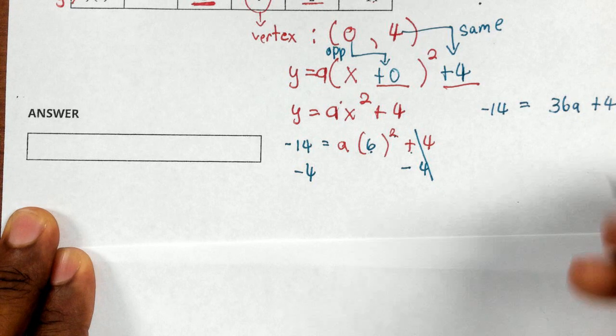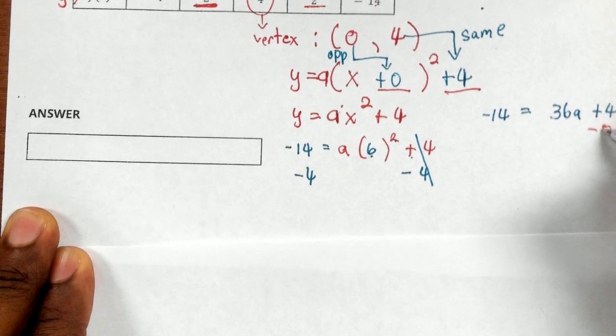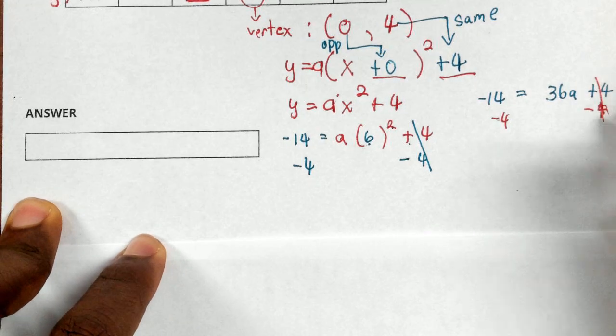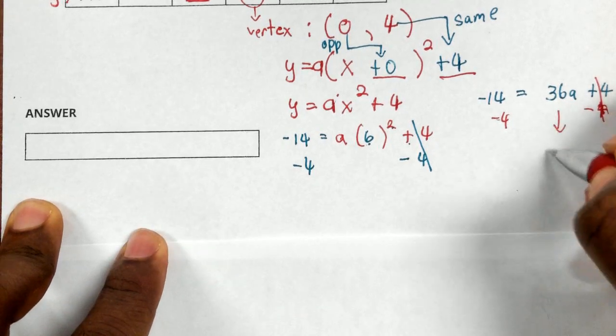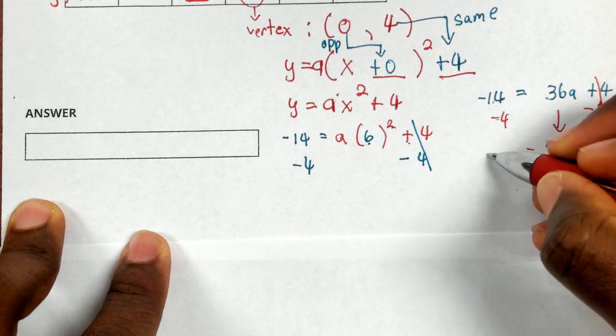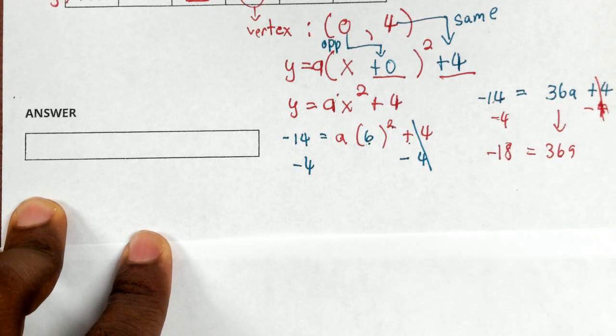Now I will subtract 4 on both sides. Bring down the 36a. -14 minus 4 is -18.